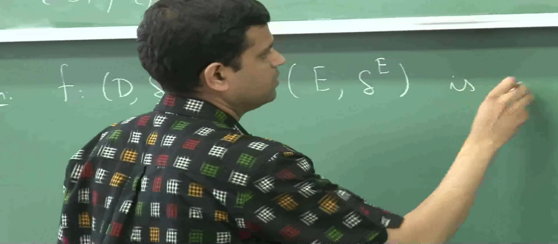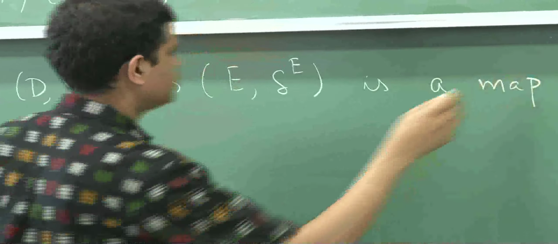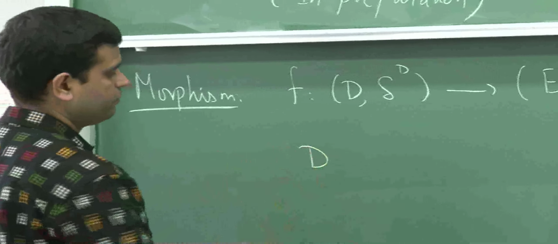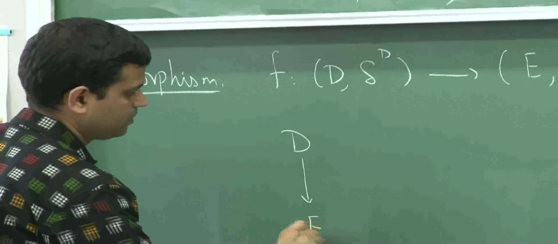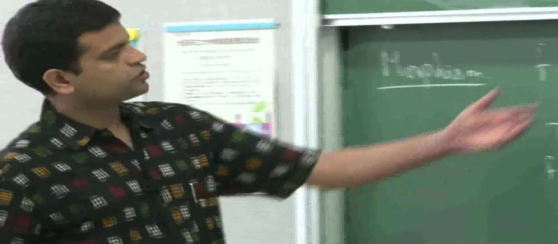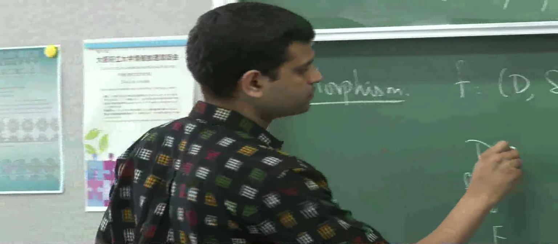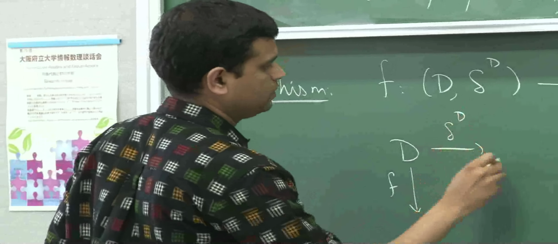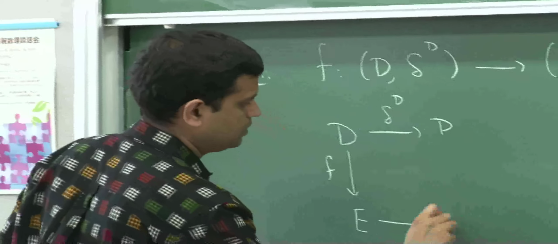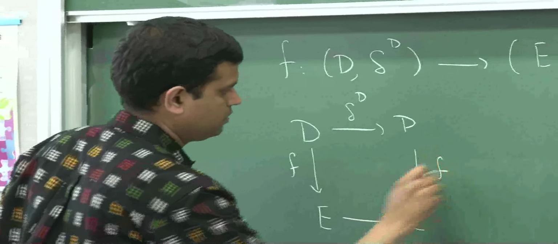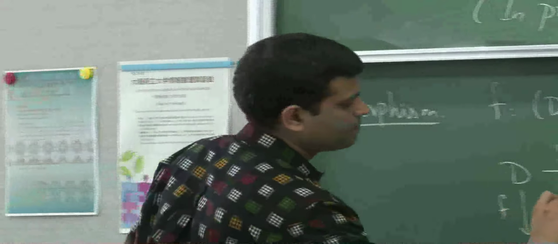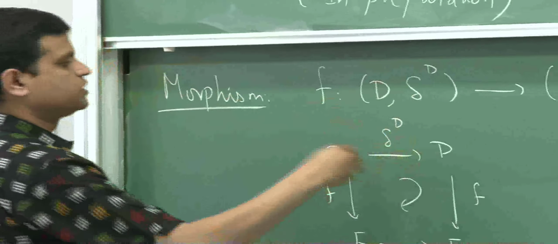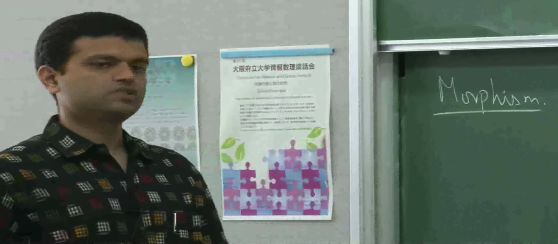It is an R linear map f from D to E. And of course, you want it to commute with the differential. So it's the natural definition. So it's just a map of R modules which commutes with the differential structure on the modules, right?